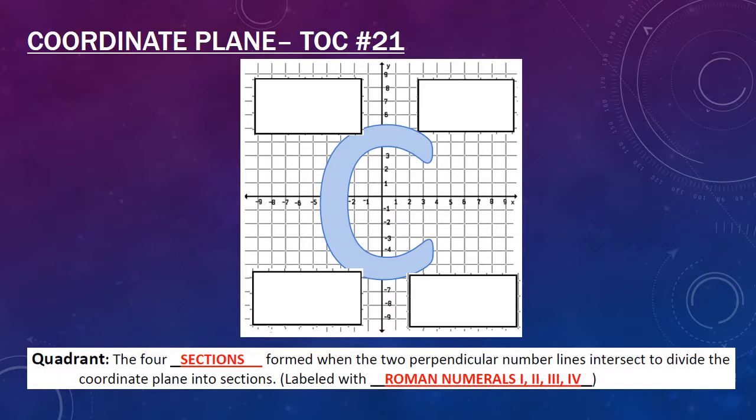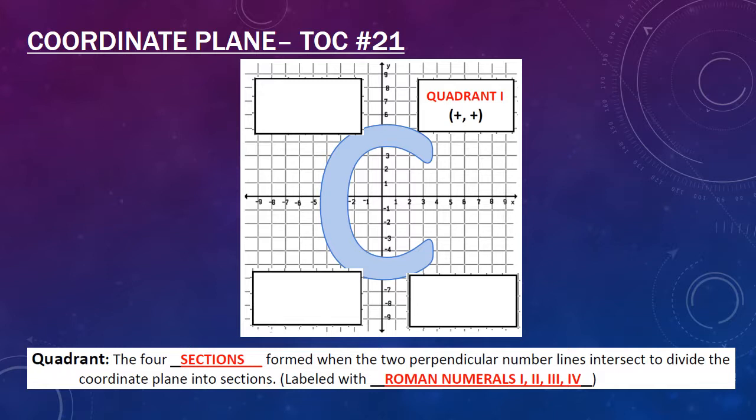But if you think about where you start to make your C, you start in the top right, and that's quadrant 1. And quadrant 1, again, we label it with Roman numerals, so it's just like a capital I. And it's important to know that with your quadrant 1, all of your values are going to be positive.